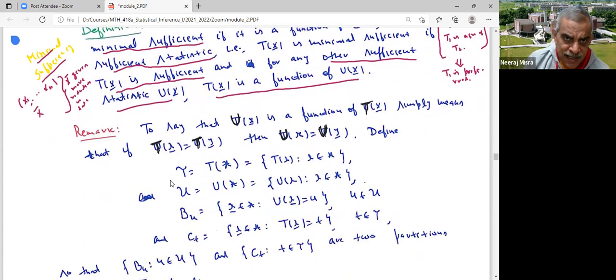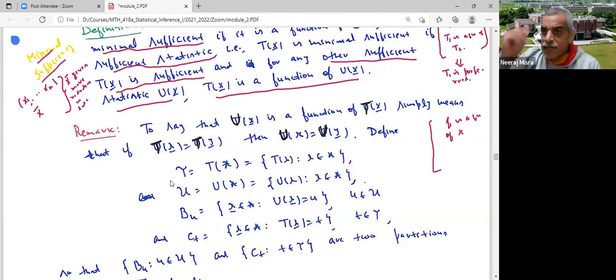Now let's look at this thing in terms of a partition. Suppose U(X) is a function of T(X). Now when you say that f is a function of x, what does that mean? That means it is a map. The only condition of a function is that the same point cannot go to two different points. If x and y are the same, then f(x) should be the same as f(y).